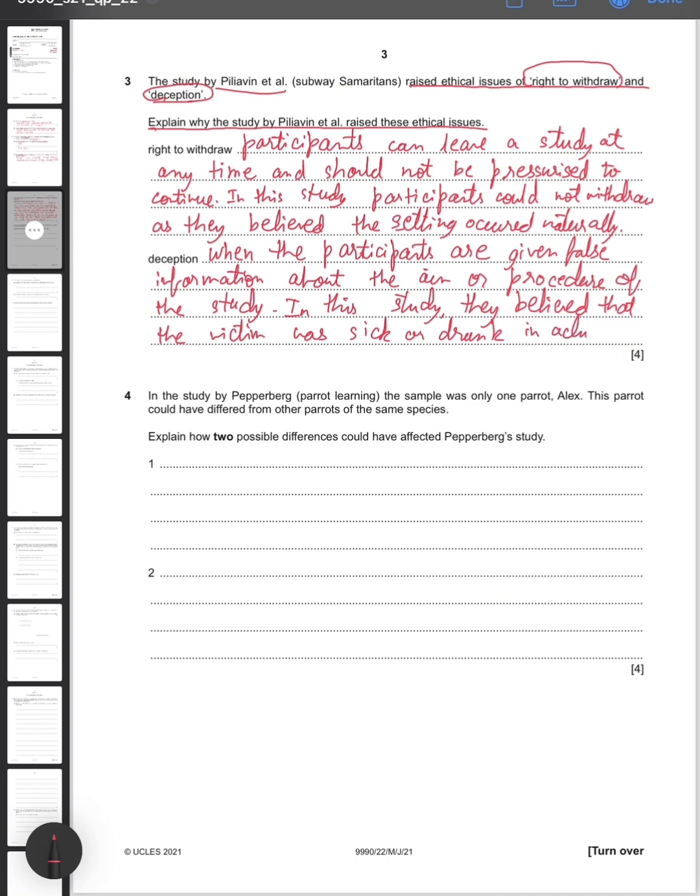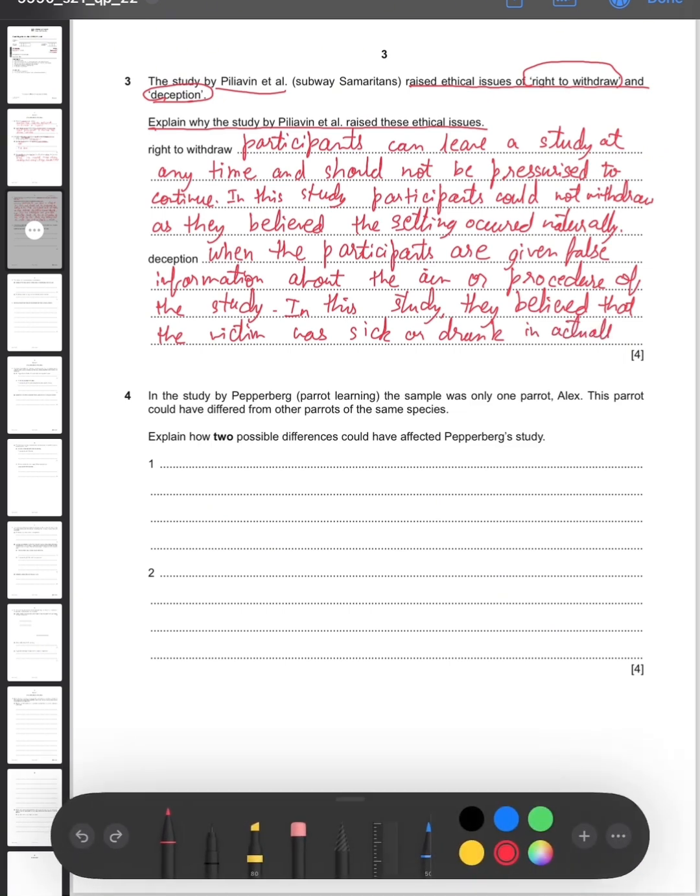In actual, they believed that all of it was happening in real life.